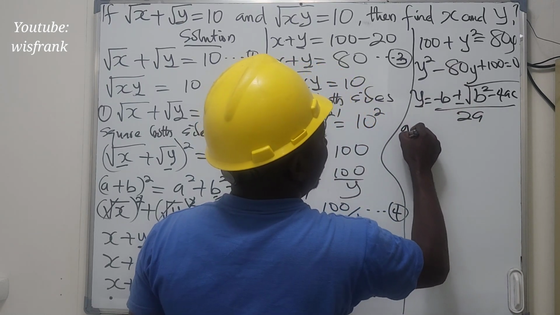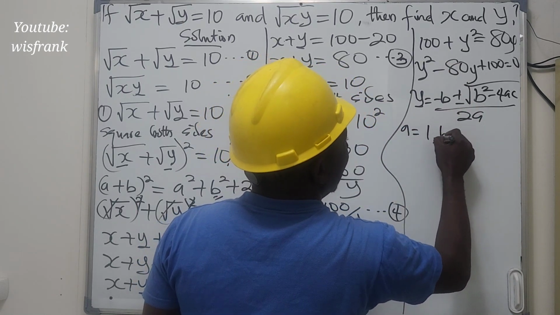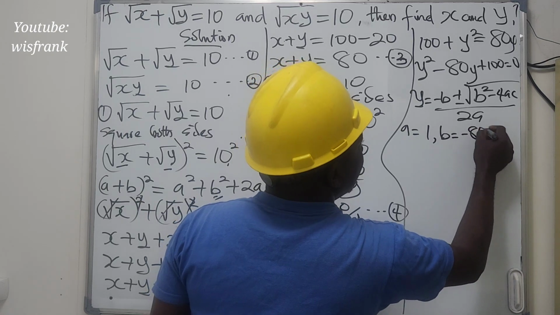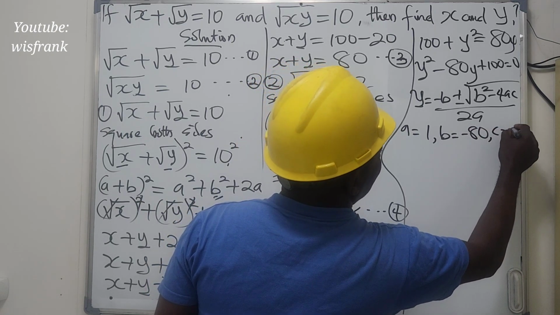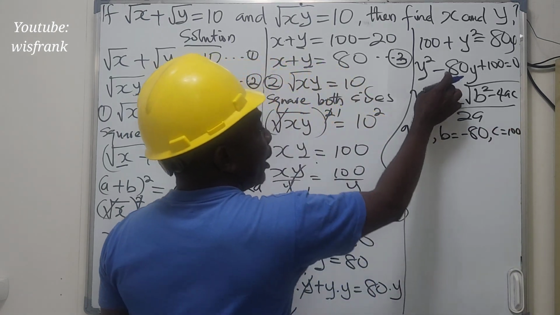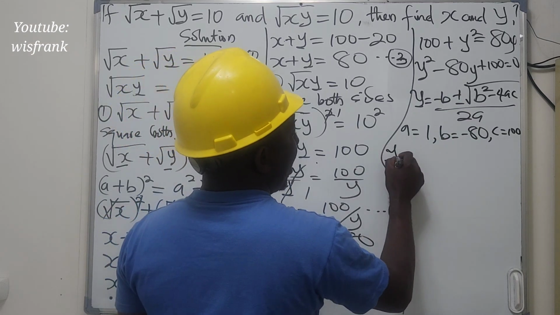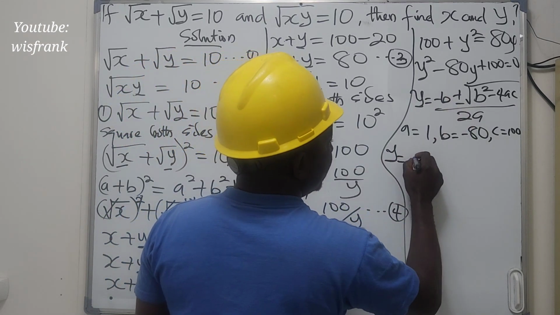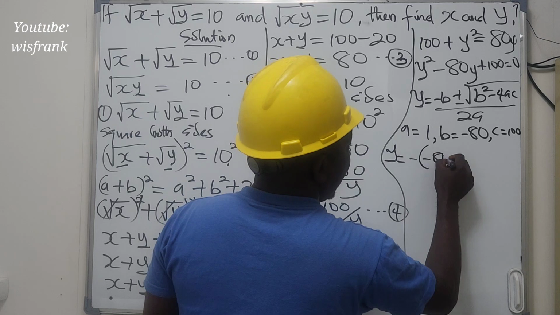From this equation, our value of a equals 1, our value of b equals minus 80, and our value of c equals 100. Substituting these parameters into the quadratic formula, we have y equals minus b, which is minus into minus 80.